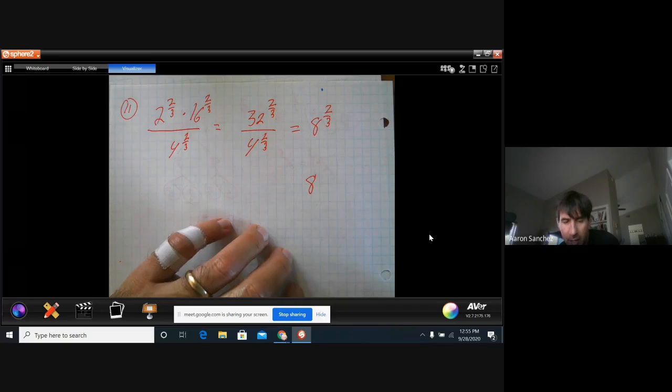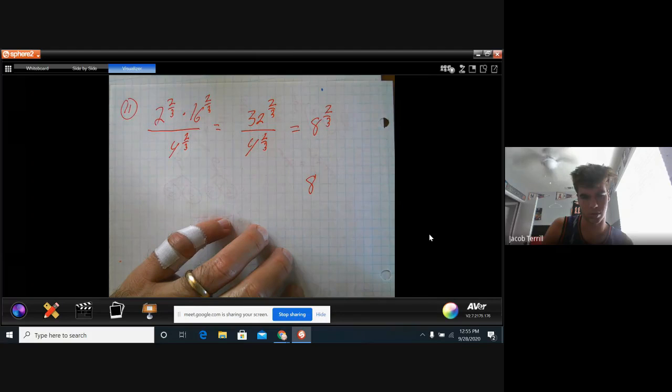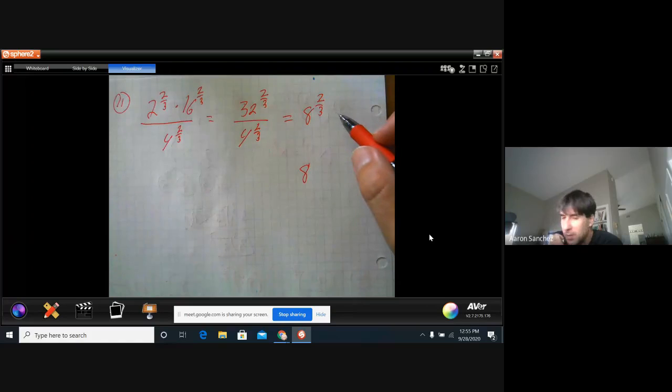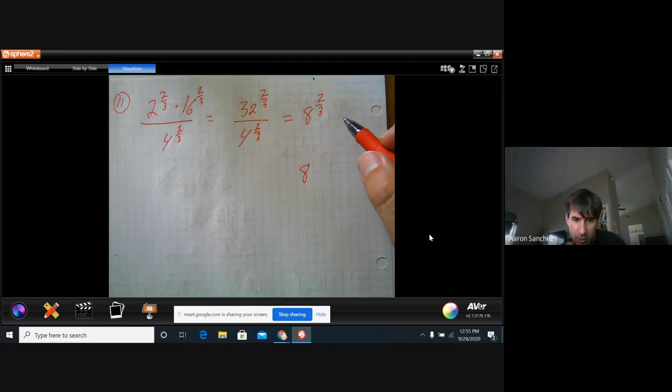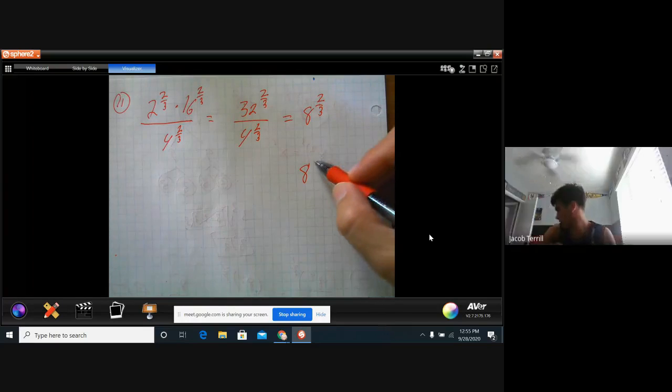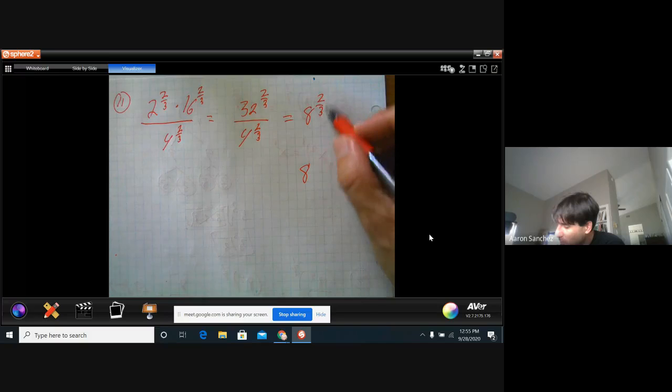What is the exponent? Two-thirds. No, Jacob, your dogs are fine. Don't worry about them. Let them bark. I like it. One of these is the exponent, and one of these is the root.